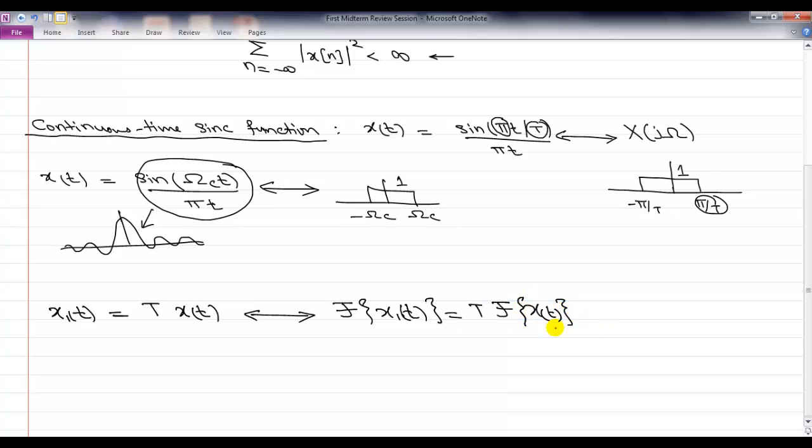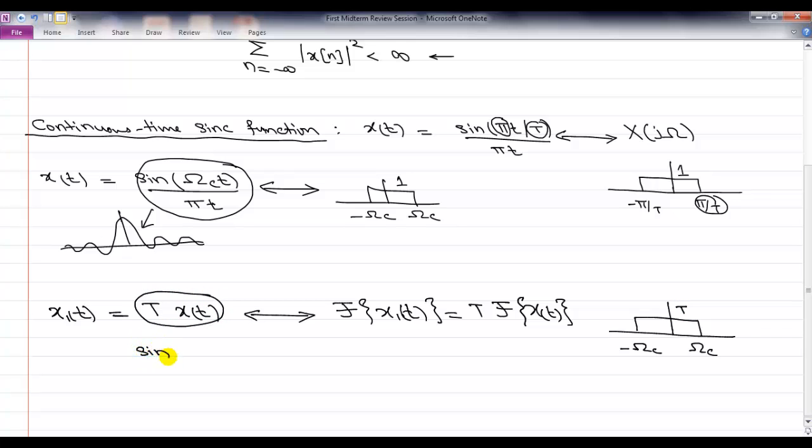Okay? Which means that the Fourier transform, if I multiply my standard sinc with capital T, the Fourier transform will look like still the same shape, omega c, minus omega c, but now the height, instead of 1, it will be capital T. Now let's look at what does this thing look like.